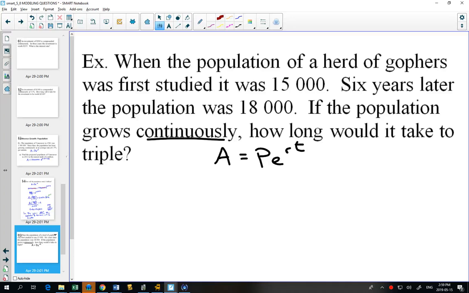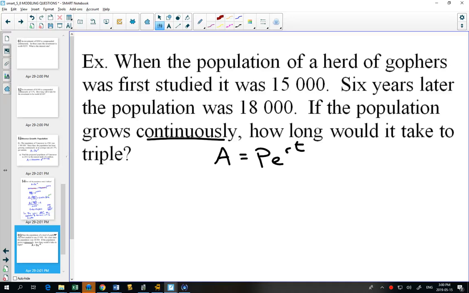So we have a problem here, because if we go to what the question is asking, which is how long, what do we need to solve for? Time. So that would work if we could put numbers in everywhere else. Now, for something to triple, you could pick any amount for p. You could start with the 15 or the 18 and triple it to get the amount to be tripled.